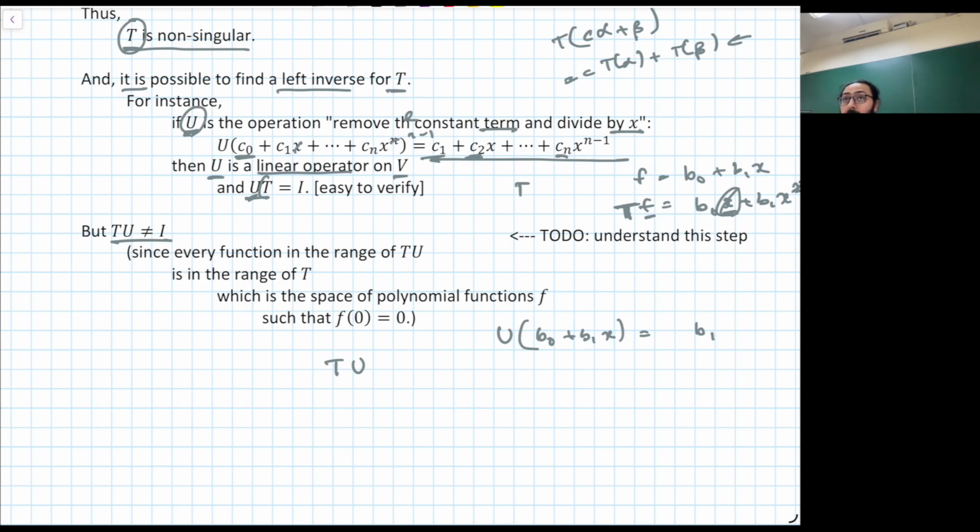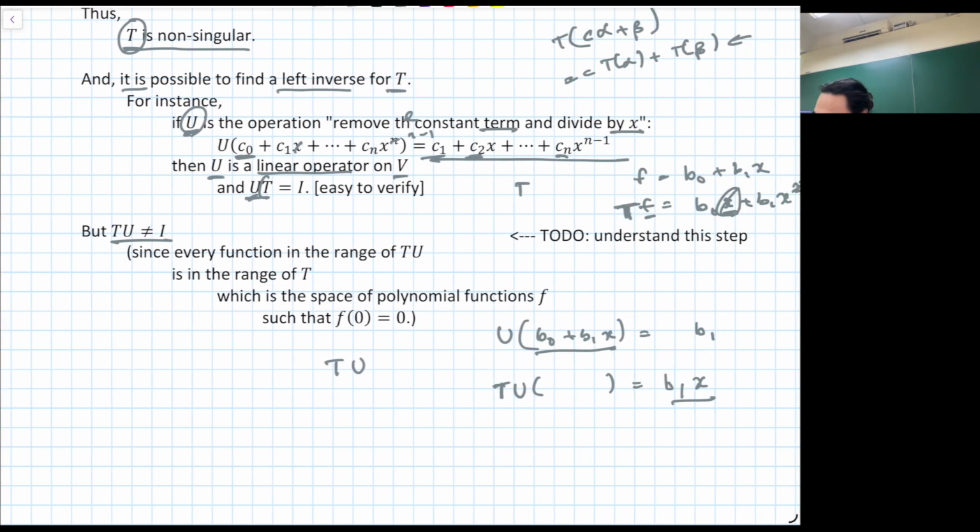And then TU on the same object would give us what? T was going to multiply, so it would give you b1 x. So you can see that it is mapping b0 plus b1 x to b1 x. So it's not the identity. It's sort of related.